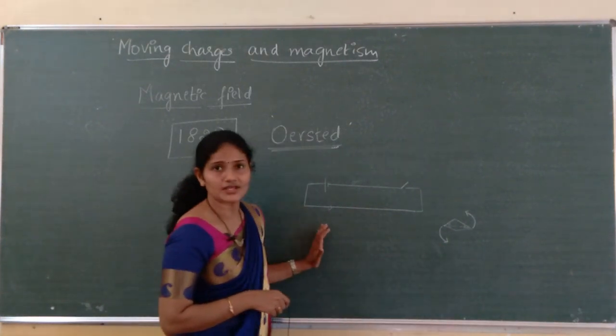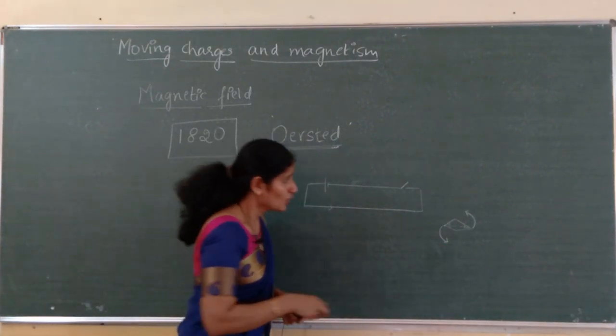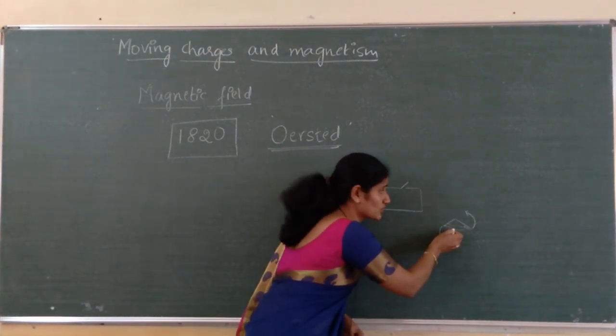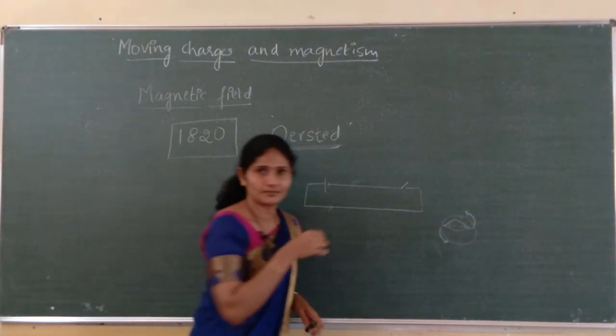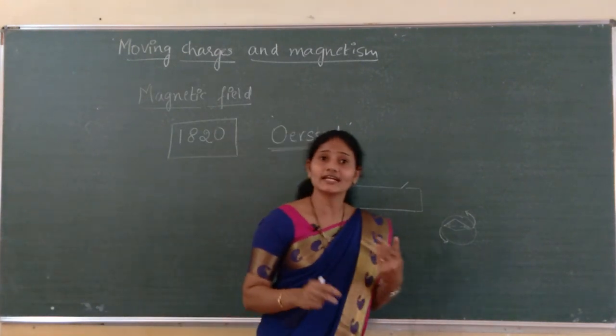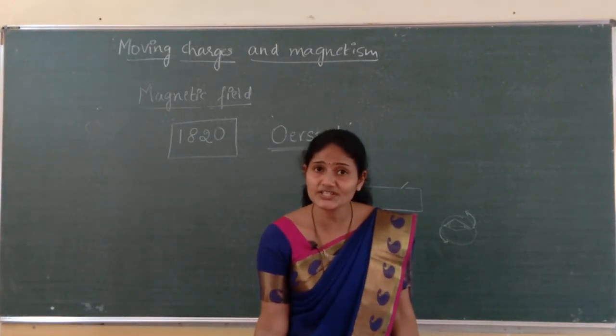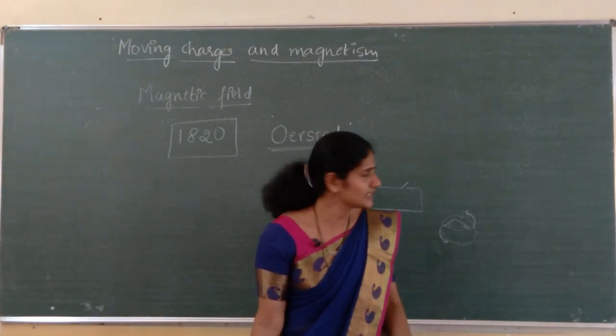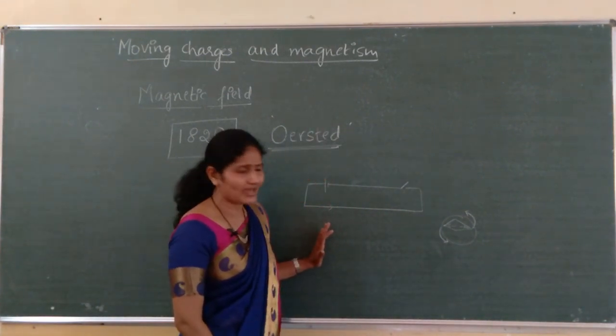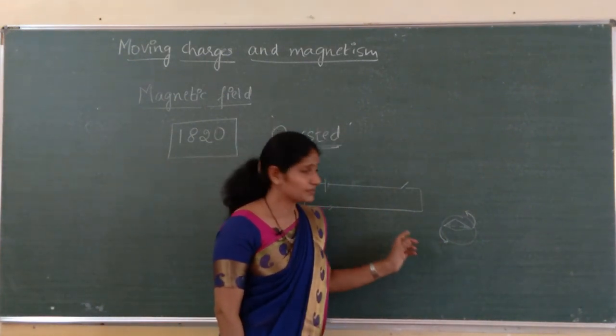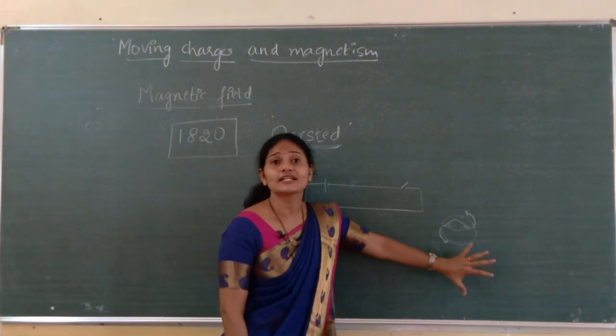So he was surprised, because the question is, who is exerting force on this magnetic needle? A magnetic needle will deflect only in the presence of a magnetic field. Here we do not have any other magnet close to this magnetic needle, but still it is showing deflection.